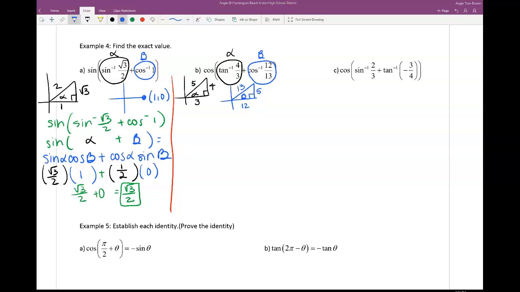Okay, so let's work this out. Are you ready? I'm using cosine of alpha, which is the black triangle, plus beta, which is the blue triangle. Do you know what the identity is? Can you help me write that out?